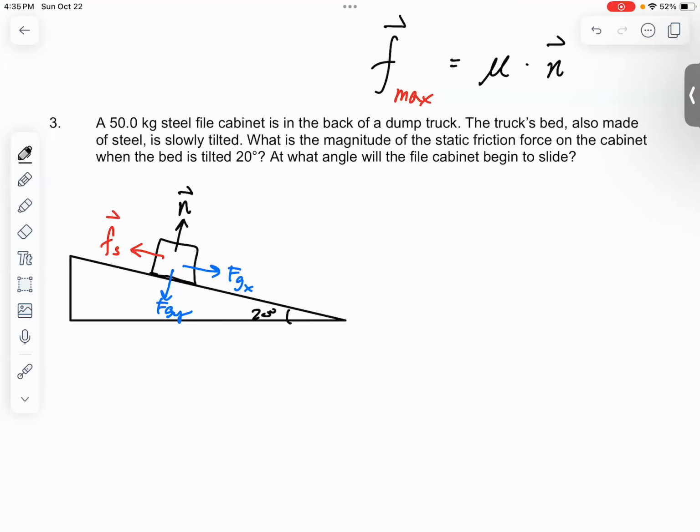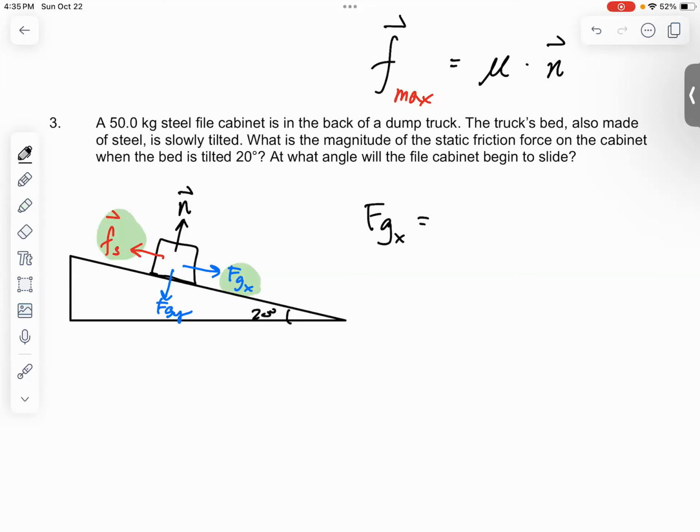Now, it says, what is the magnitude of the static friction force? And we should know something at the moment, and that is, if I want to find out this force of friction, it must equal to what? FGX, but in the opposite direction, right? So can we go ahead and find out what FGX is?